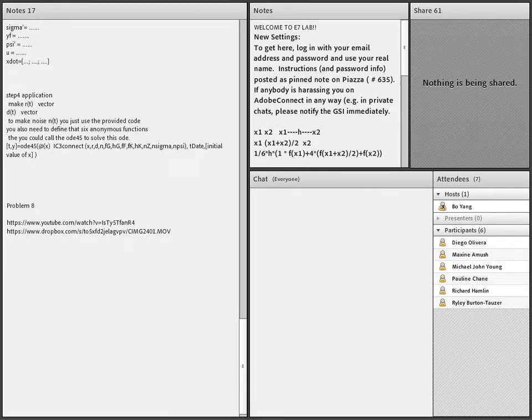What you can do in this problem is just read the introduction and then try to understand how it works.